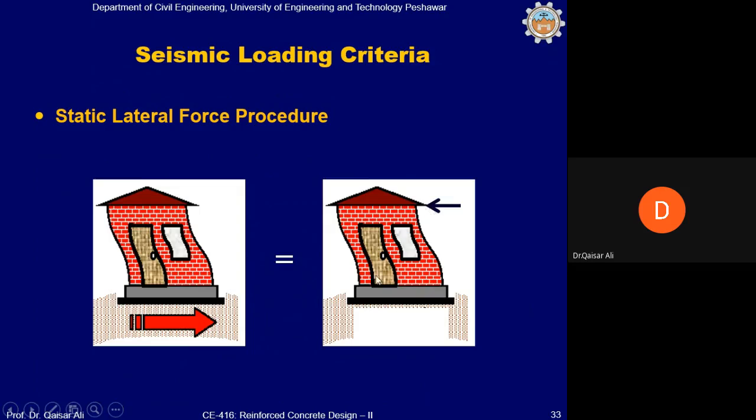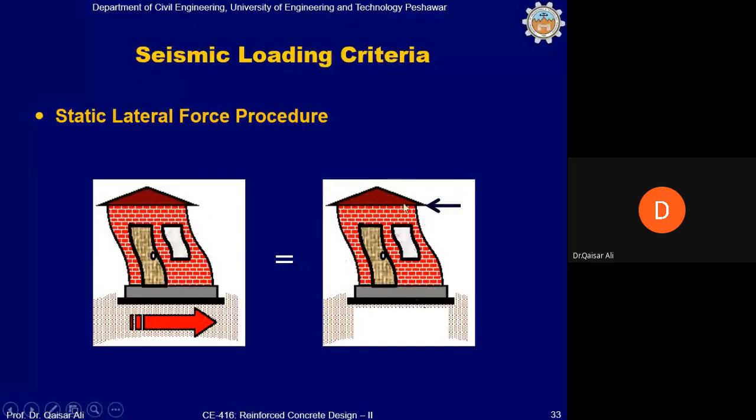So this is done like if the base of the structure is fixed, and a force is applied at the top of the structure, it is possible to produce almost the same, or very close, stresses to those produced in this case on the left when the structure is being hit at the base.